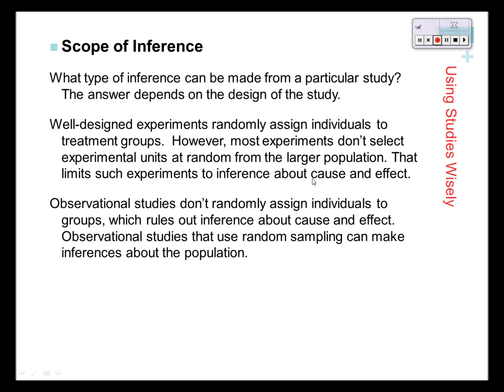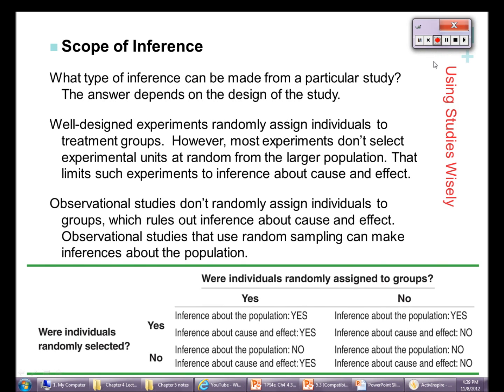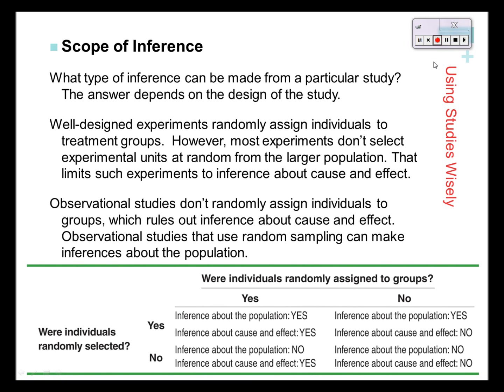Experiments don't always yield the exact results either, but at least it's more likely to find that cause and effect relationship due to a certain treatment. And a little chart shows whether individuals were randomly assigned to groups, yes or no, and how that relates to whether individuals were randomly selected, yes or no, and how they overlap each other.